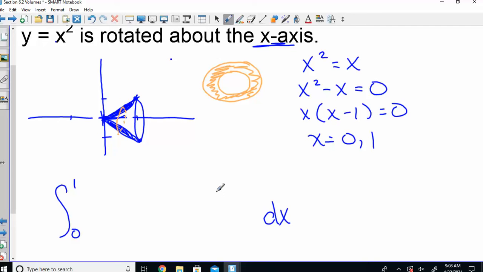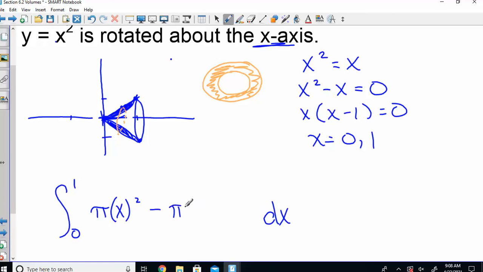So the area of the outside circle is pi times the radius squared. The radius of the outside, which one is on the outside? The x. Minus the area of the inside.